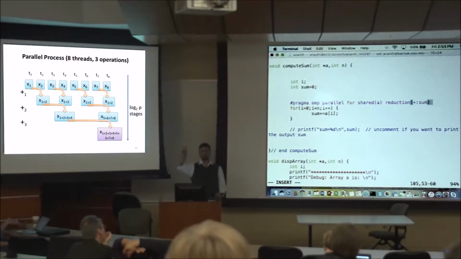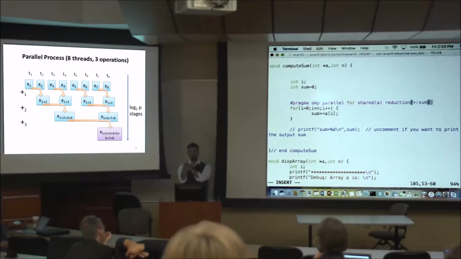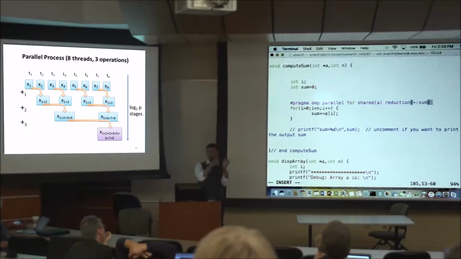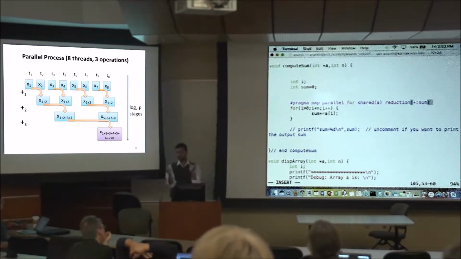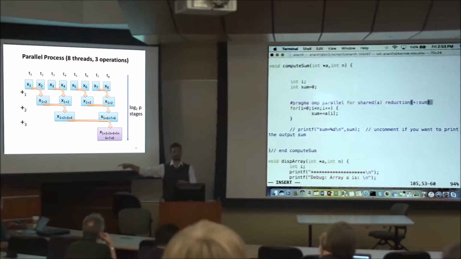A plus B equals C, it means the plus operator uses two operands to create the output, that's binary. However, associative means A plus B plus C is the same as A plus B plus C, grouped differently, which is fine, right? So essentially the order in which you add these three numbers doesn't matter, you get the same answer at the end. That's important for this reduction to work.